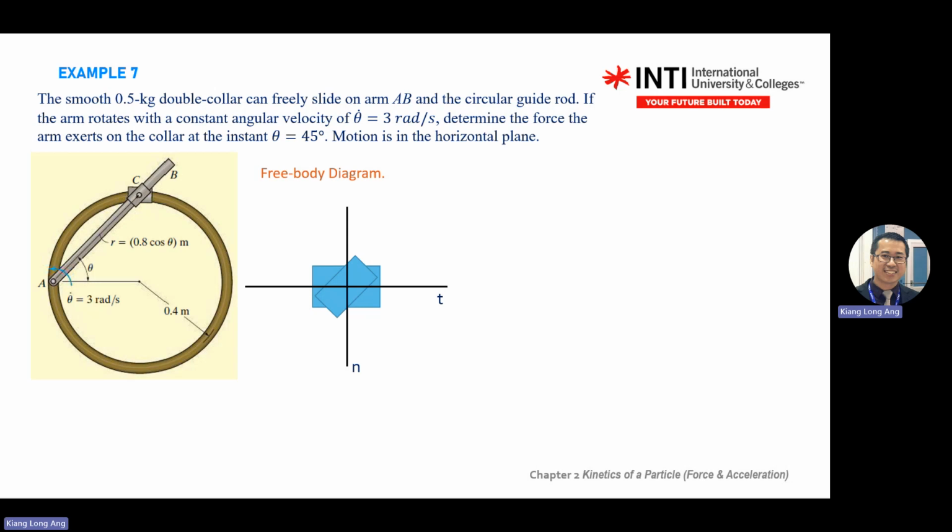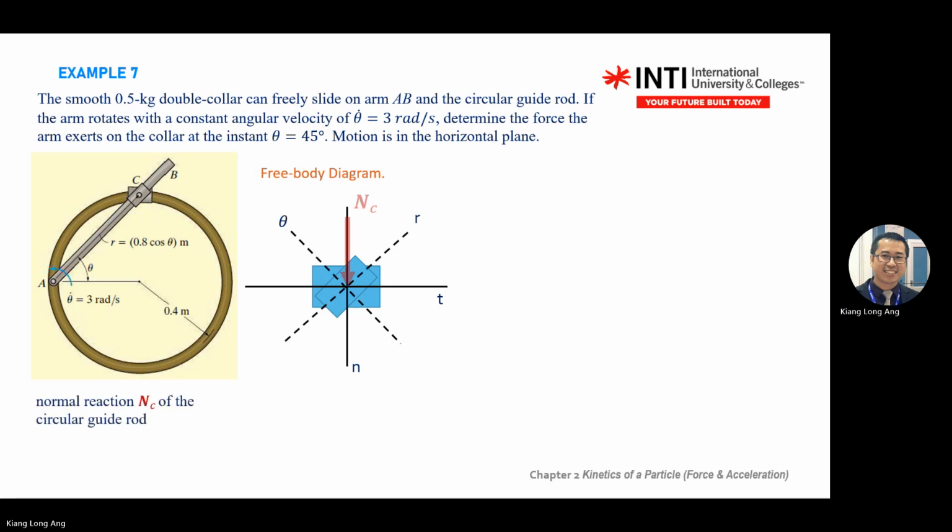If you see linear, it means xy. If you see circular, go straight to normal tangent. So normal goes inside, tangent goes this way. Then you have a radial direction and an angle direction. Radial means the radius goes out positive, so r goes out this way, and theta goes this way because of the rotation angle.